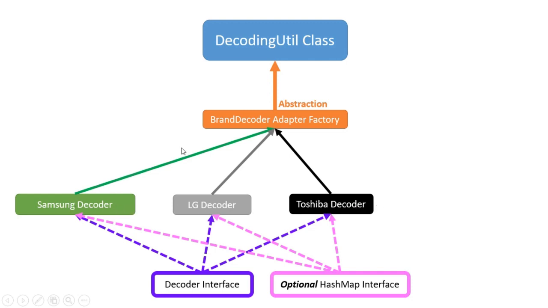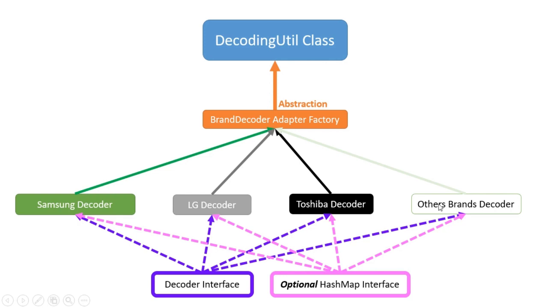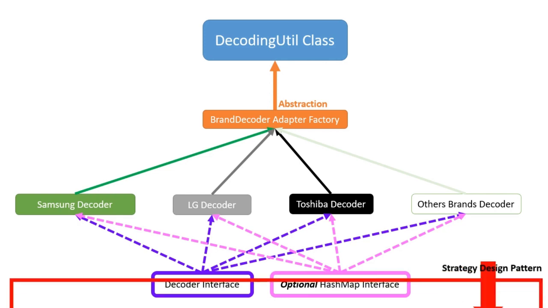The factory takes the type, either Samsung or LG, and generates whatever the decoding utility class needs. So now if we want to add any other brand, we can simply make another brand decoder which implements the decoder interface or the optional hash map interface.